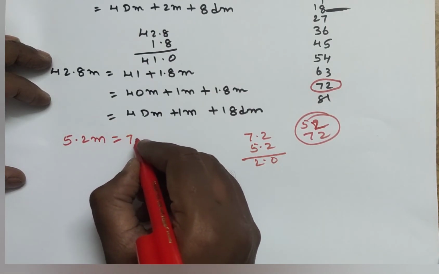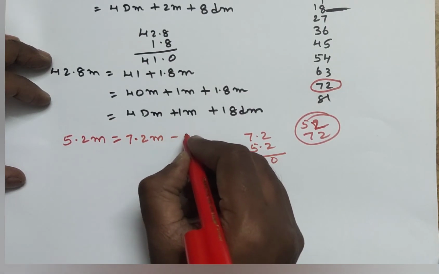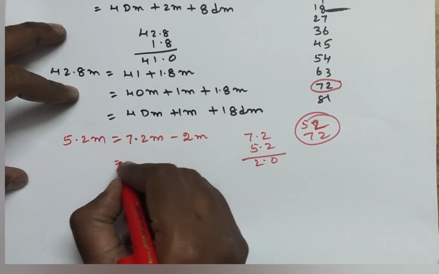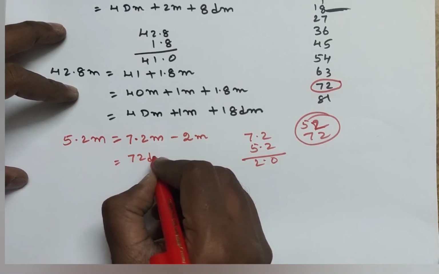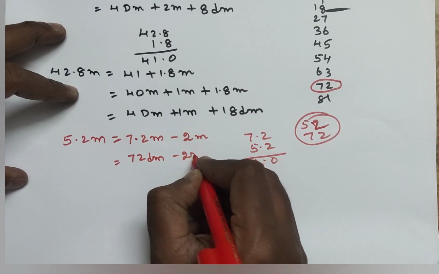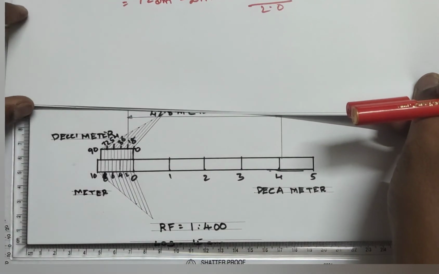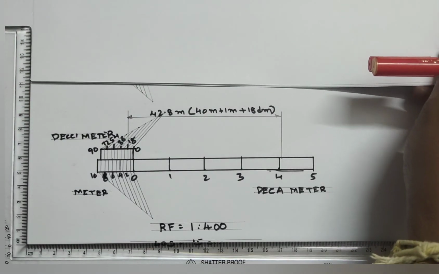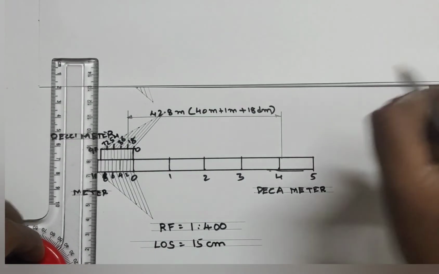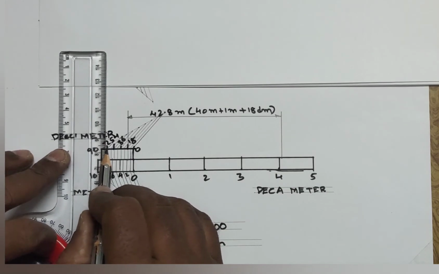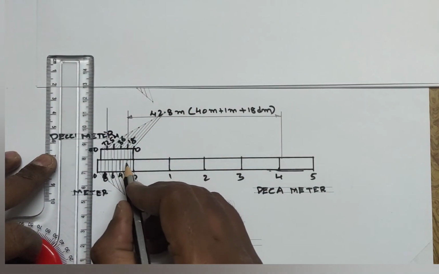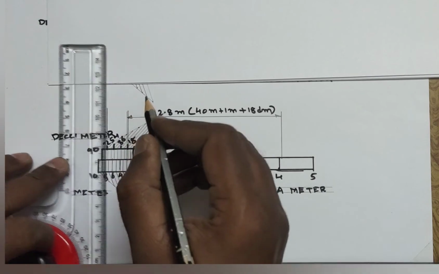So we can write 7.2 meters minus 2 meters, that is 72 decimeters minus 2 meters, is the answer. So how do we mark this one? 72. Where is 72? This is going to be 72. But where is 2? 2 is here. 2 meters is this.